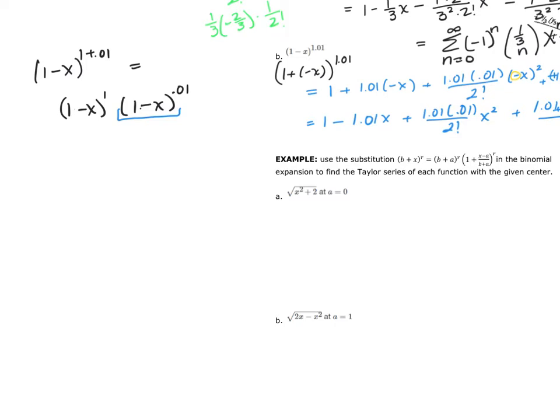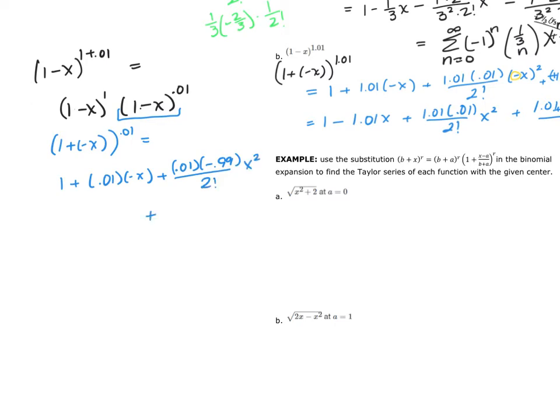So focusing in on just that part, I'm going to write this as 1 plus a negative x raised to the 0.01, and now I'm going to start using how we define the Maclaurin series. So my first term is 1, and then plus 0.01 multiplied by negative x, and then plus 0.01 multiplied by negative 0.99, over 2 factorial x squared.